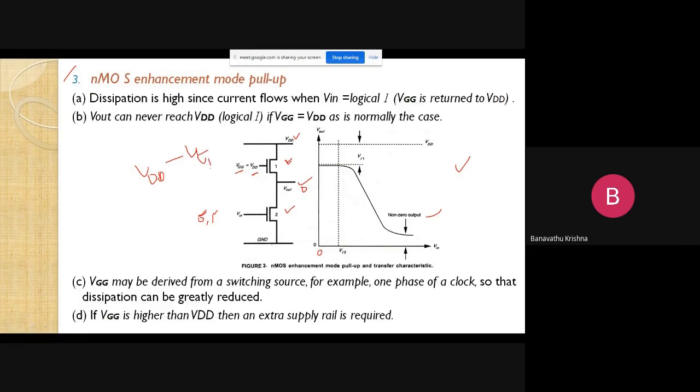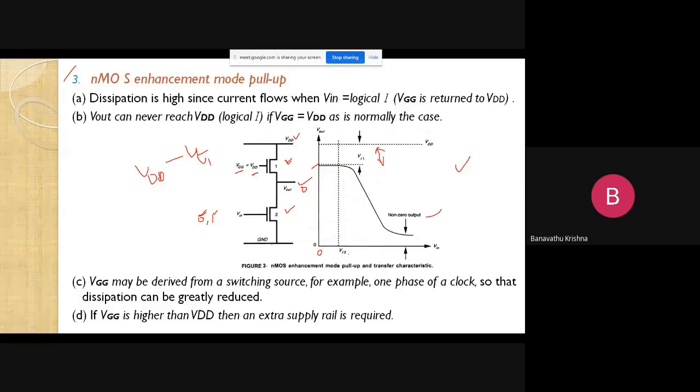That much of voltage is dropped from this VDD. That is the gap here. That's why the output response is somewhat down from VDD at this point.